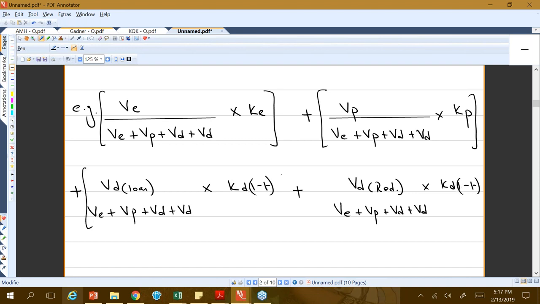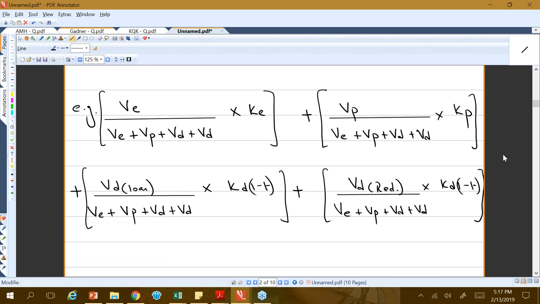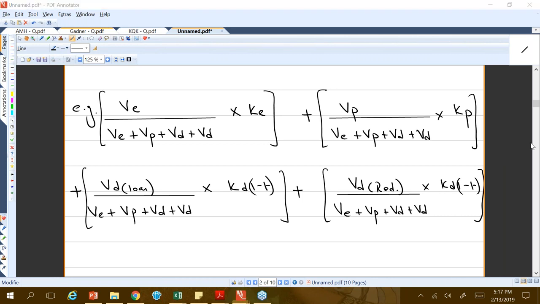Now, this is what we need to understand. If a business was using 4 sources of finance, which are ordinary shares, preferred capital, bank loan, and the redeemable bonds, then this is how the WACC formula will look. It won't be the one given in the formula sheet, which just has 2 sources of finance. Here, we are looking at 4 sources of finance.